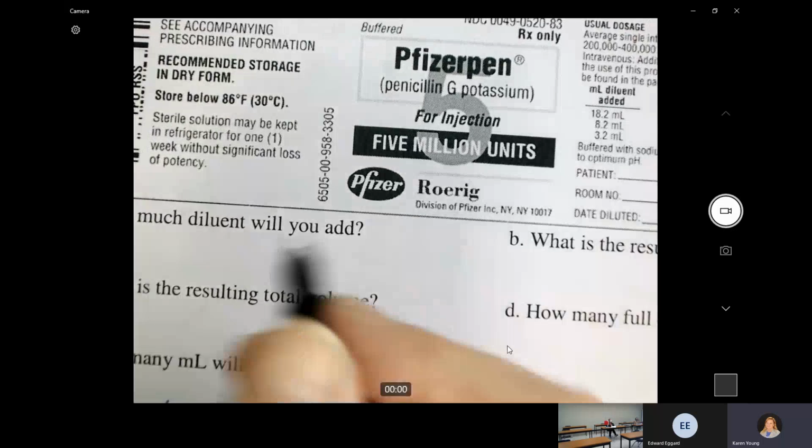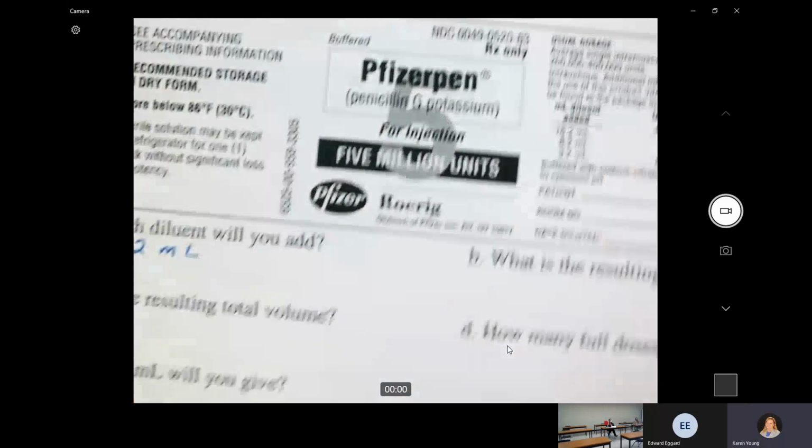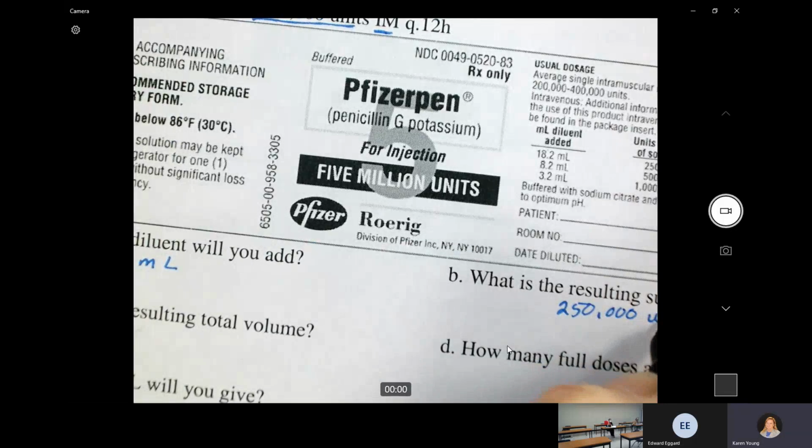So if we chose 18.2 milliliters, we have 250,000 units per milliliter. Okay?